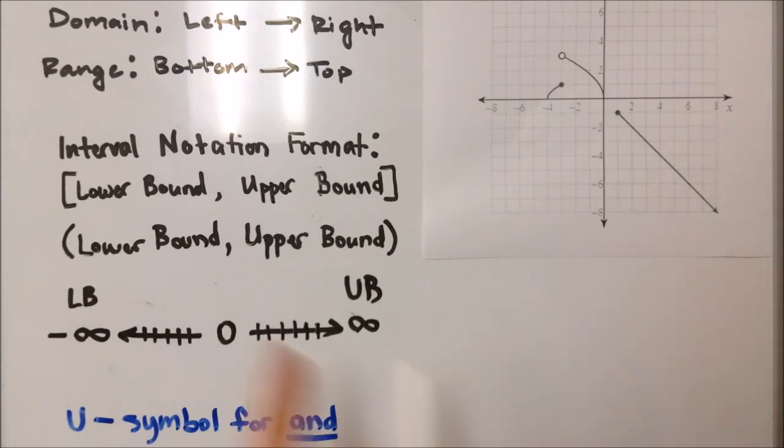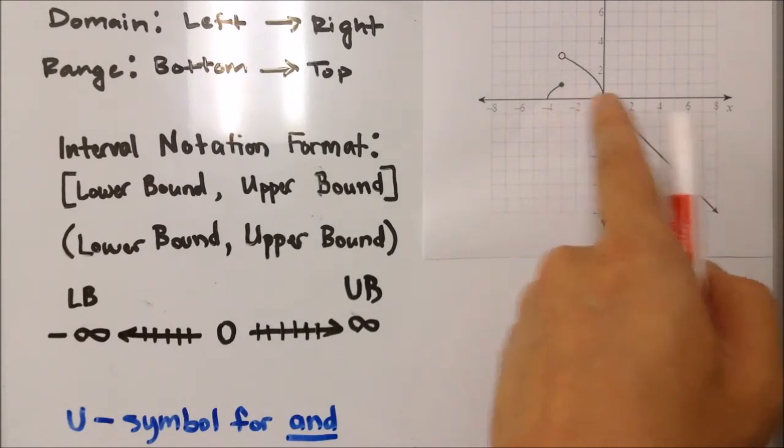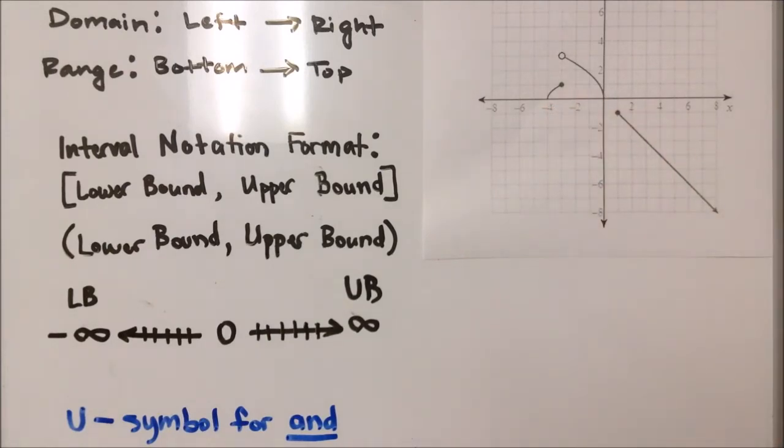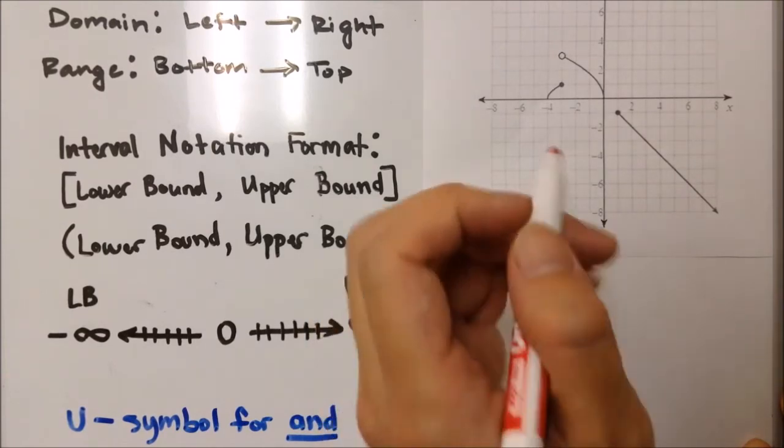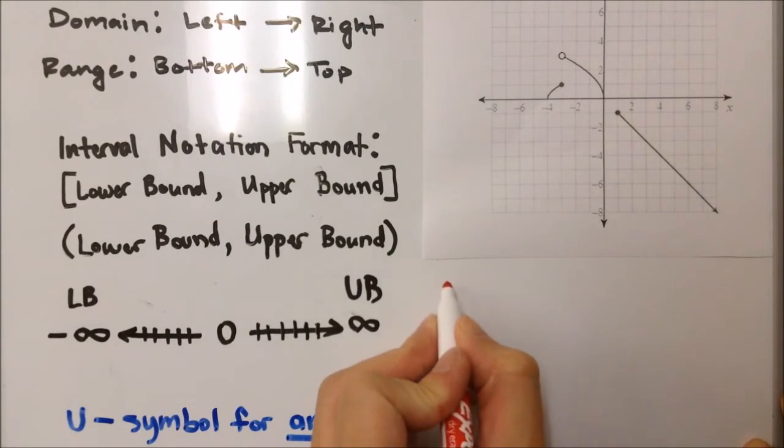So let's start with domain. We're going to usually start with the left one right here. As I said before, there's a possibility of 3 domains, meaning it could be 3, it could be 2, or maybe it could actually be 1. So let's see. I'm going to write the letter for domain.